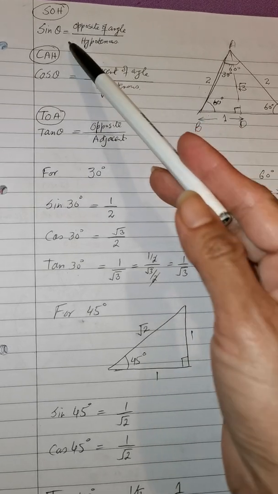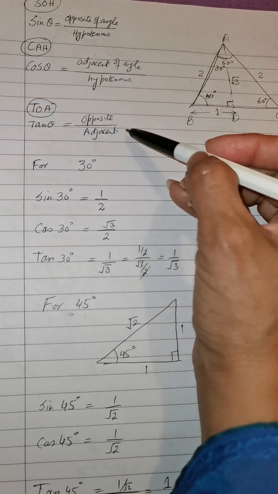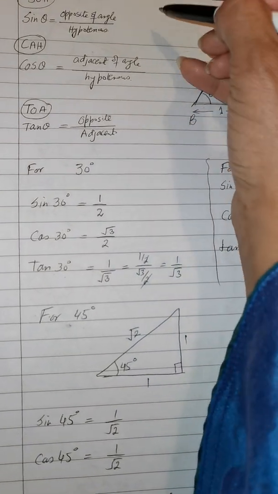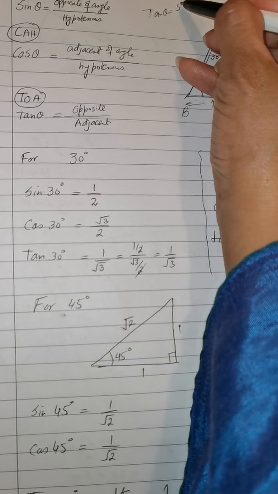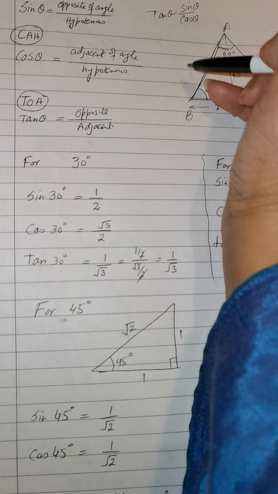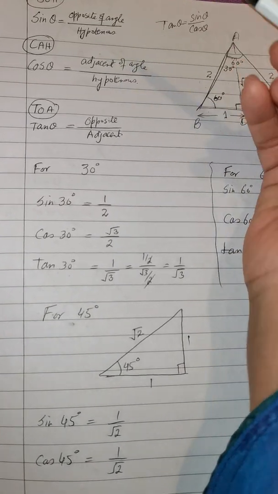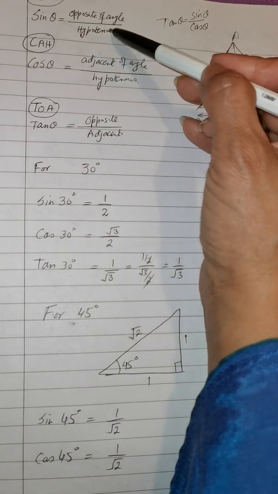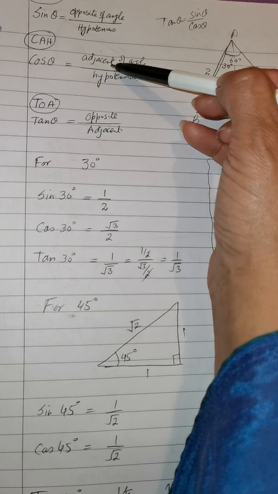It means sine theta divided by cos theta gives tan theta. Always remember, you divide sine by cos, then you will get the value of tan theta. So when I divide sine theta by cos theta, what will happen? The hypotenuse will cancel out, leaving opposite over adjacent.